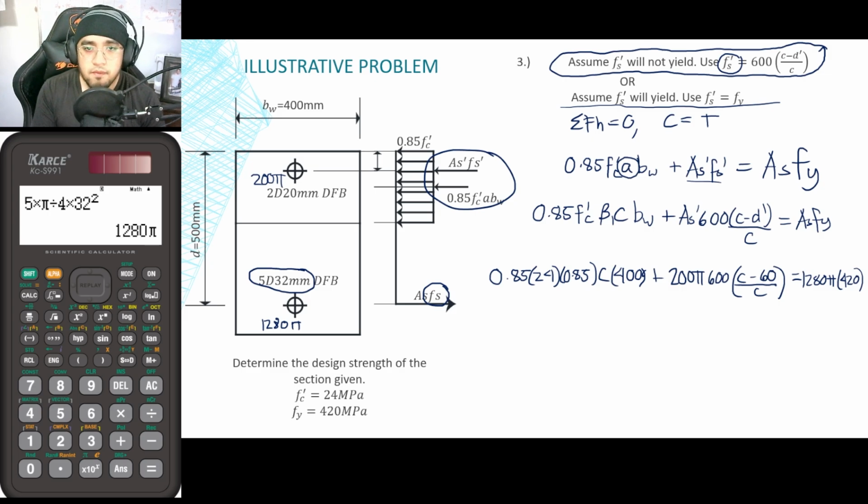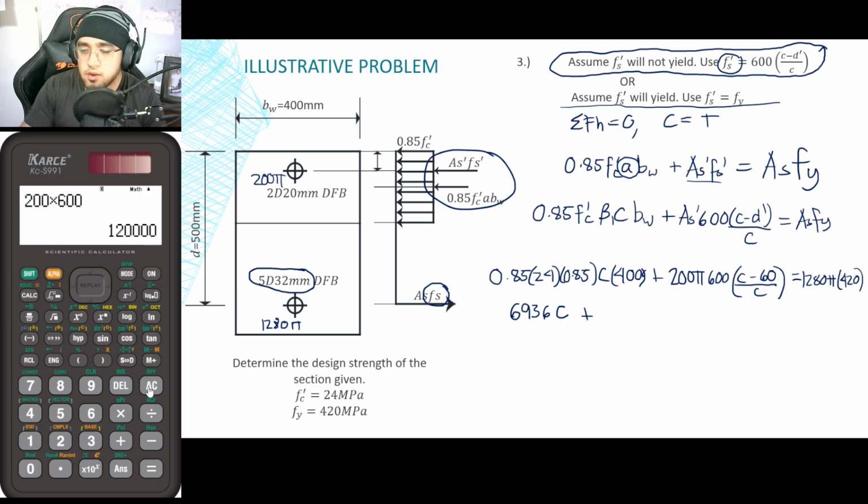Simplifying my equation here, 0.85 times 24 times 0.85 times 400. So this is now 6936c plus, what is now the next value? 200 pi, so 200 times 600.